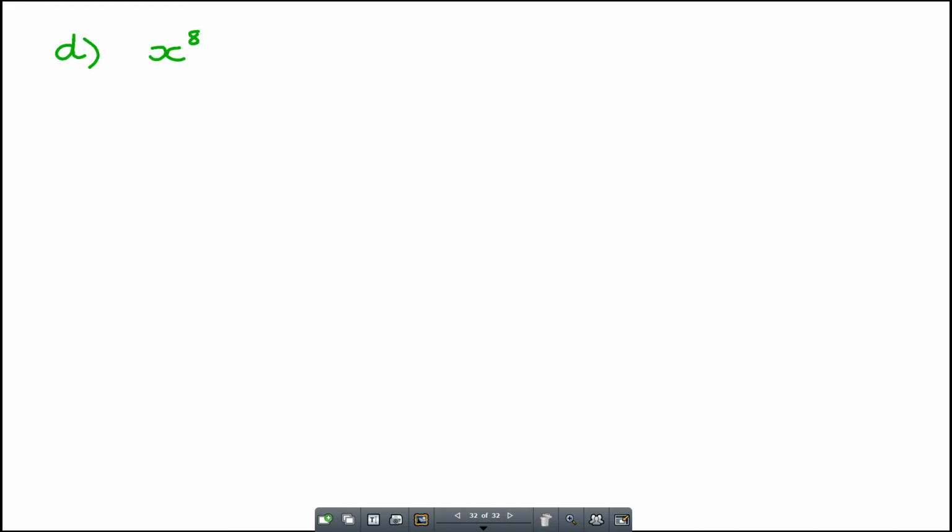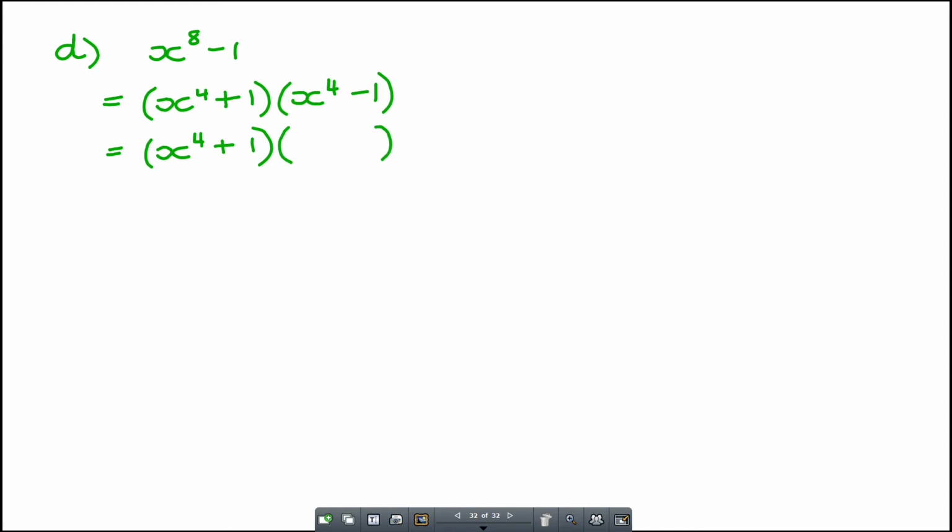Here's another example here. The same thing. So initially, it would be x to the power 4 plus 1, x to the power 4 minus 1. Now, that first bracket, it can't go any further, so it stays x to the power 4 plus 1. Why doesn't it go further? Because there was a plus. But the second bracket, that can be factorized again to give me two new brackets.